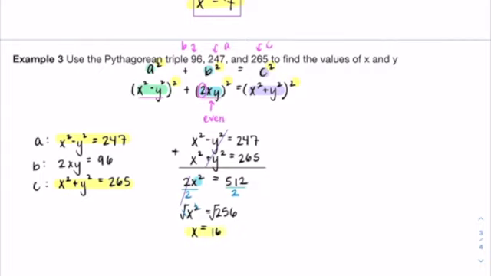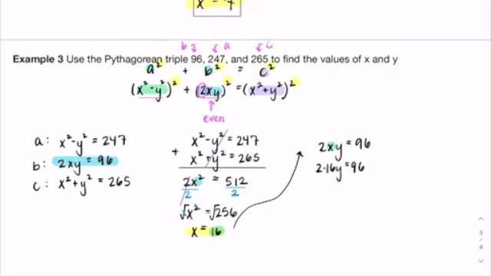And then I use that x value to solve for y. You could pick any of the original equations to solve for y, but usually the second one is the easiest, the one that just has 2xy ends up being the fastest, but you can pick any one that you want. So I'll rewrite it up here, 2xy equals 96, and we just found that x is 16, so I'll put the 16 in there. So 2 times 16y equals 96.